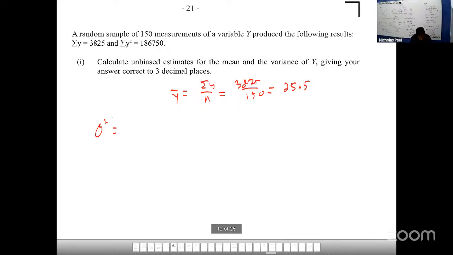So what's the formula we're going to use here? Okay, right, and then the next version I gave you in the summary, n minus one by the summation of y squared on n minus y bar squared. Both of them are the same formulas, right?